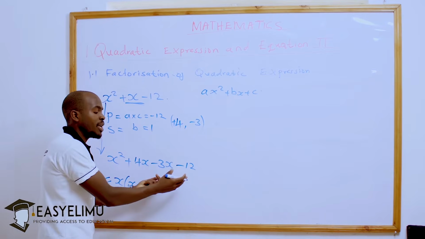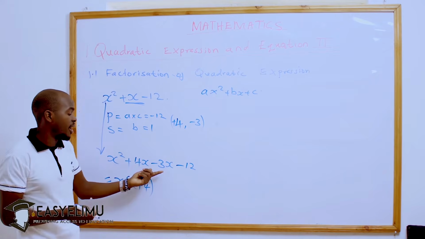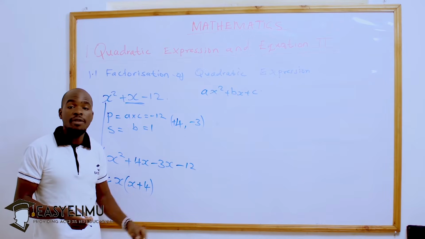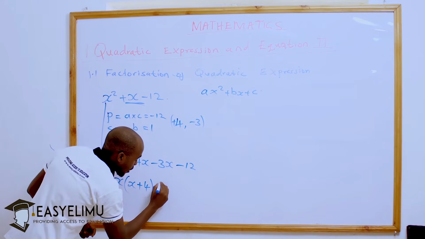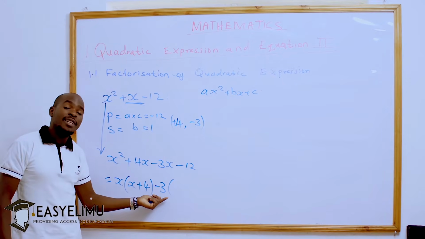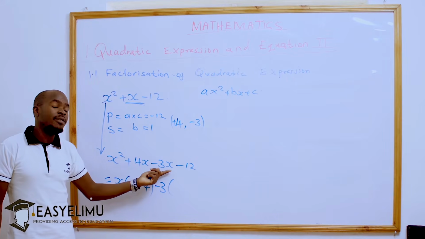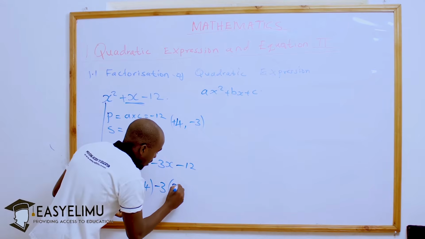And then I go to the second two items and factor out. For instance, in negative 3x minus 12, I am going to find the common factor, which is negative 3. Thus, if I factor out negative 3, negative 3 into negative 3x will go there x times.